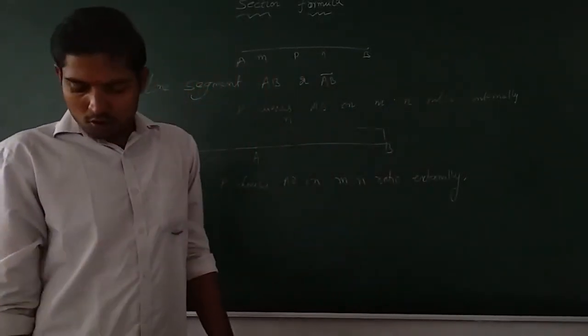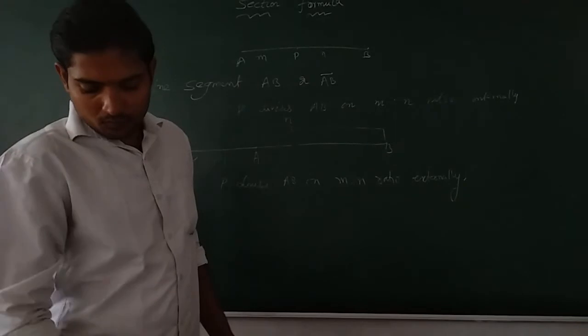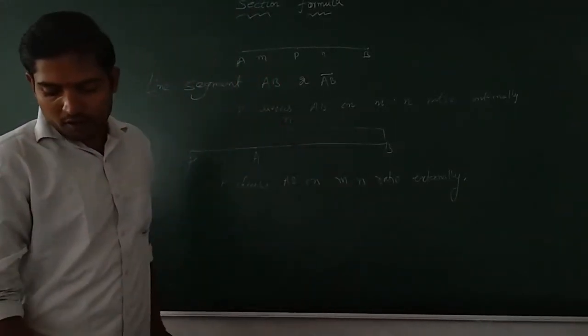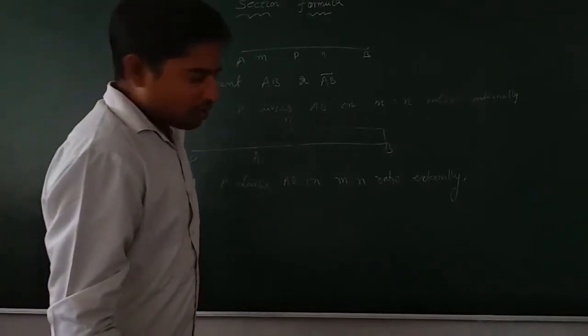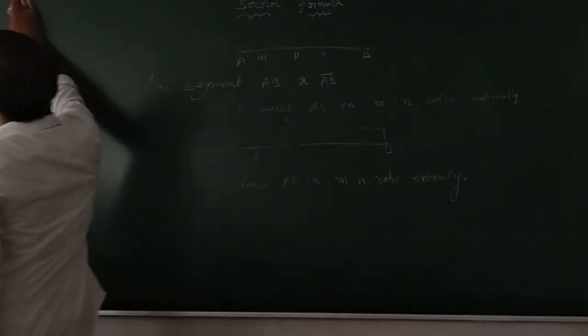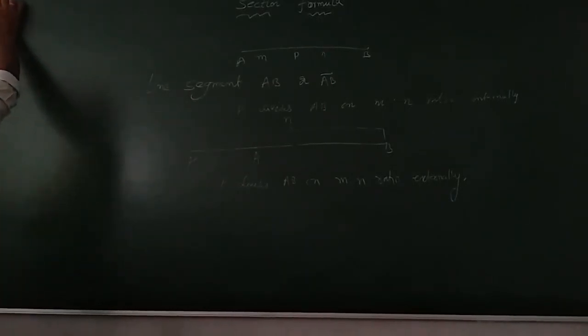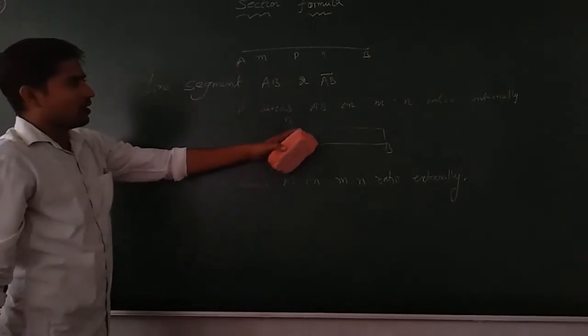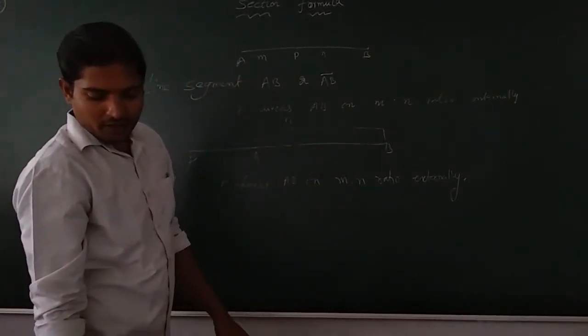Don't think about external. The point P which divides the line segment joining the points in the ratio internally and externally. Here two cases, one is internal case and second one is external case.